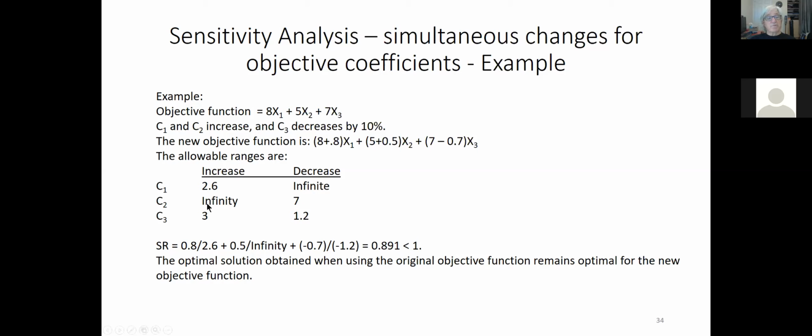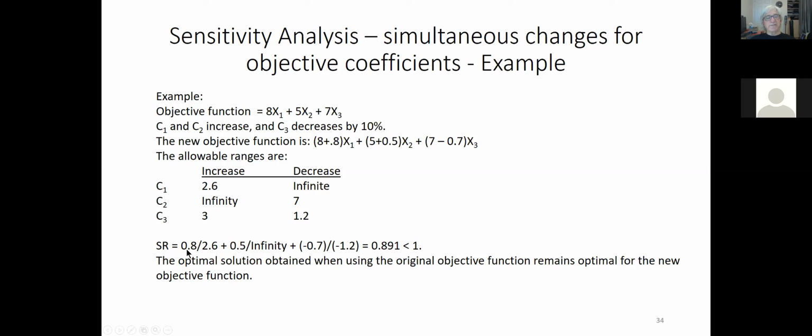C2 can move up to any value, but down only by 7. That's the allowable. And here is another. So now you create what I called SR. No one else is calling it SR but your professor. I made it up, and it means sum of ratios.